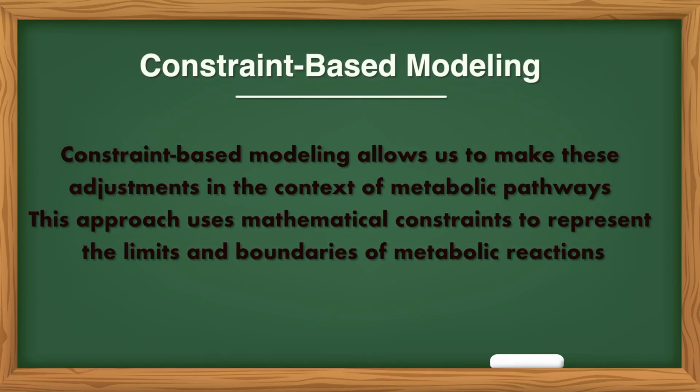Imagine you have a dance routine, but you want to adjust how different stages or spaces can be used. So, constraint based models allow us to make these adjustments in the context of biological pathways. This approach uses mathematical constraints to represent the limits or boundaries of chemical reactions.